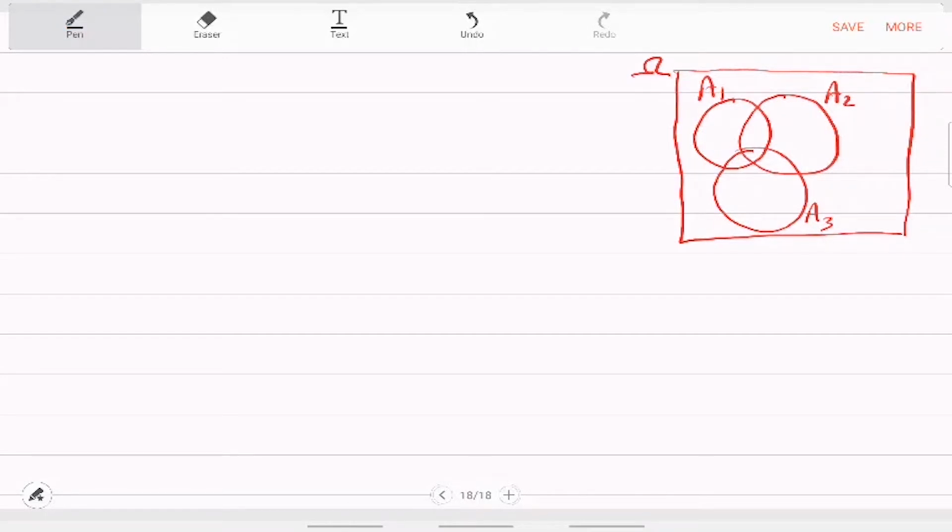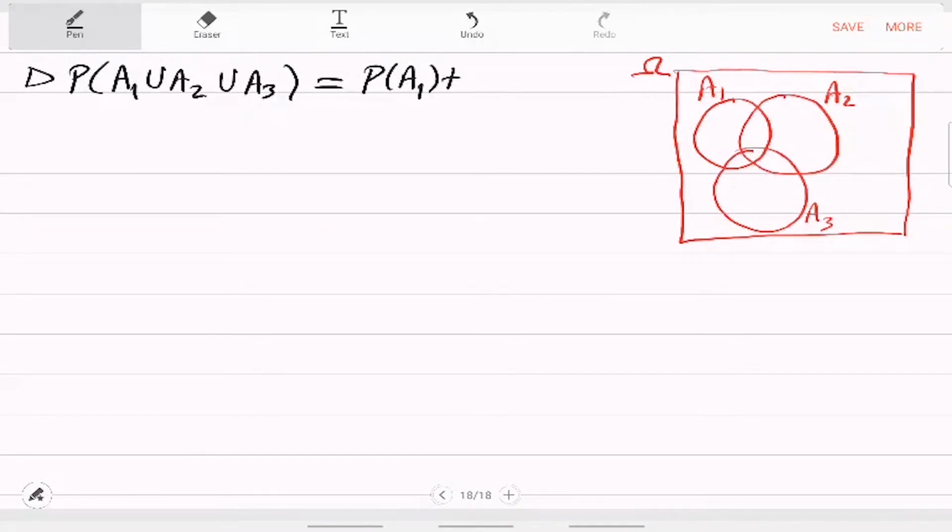It is called inclusion-exclusion. So, the probability of A1 union A2 union A3 is, by inclusion-exclusion, first you do the normal thing: the probability of A1 plus A2 plus A3.